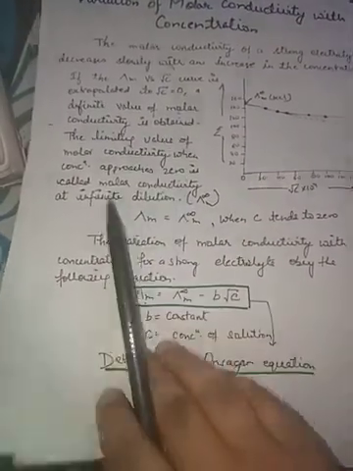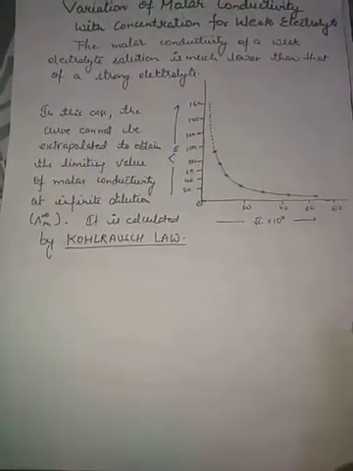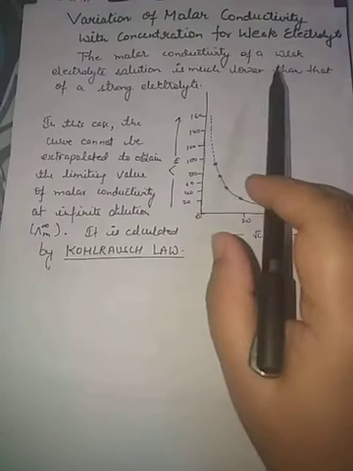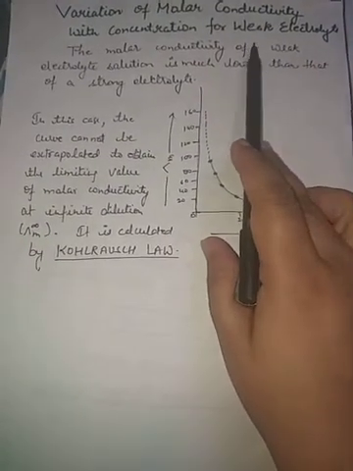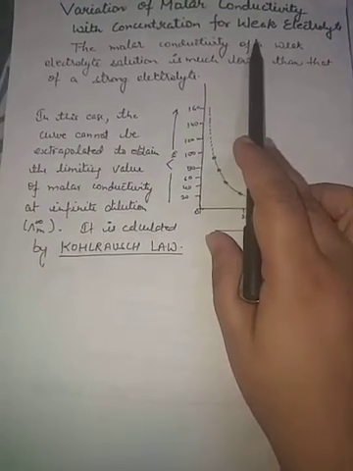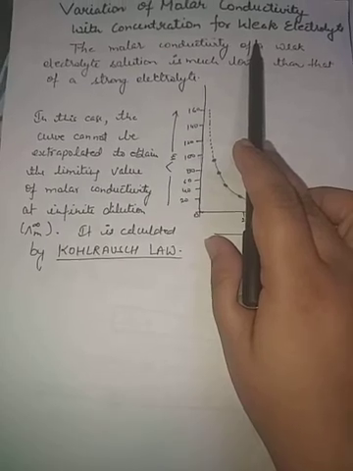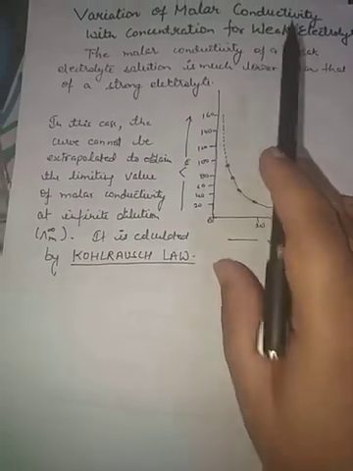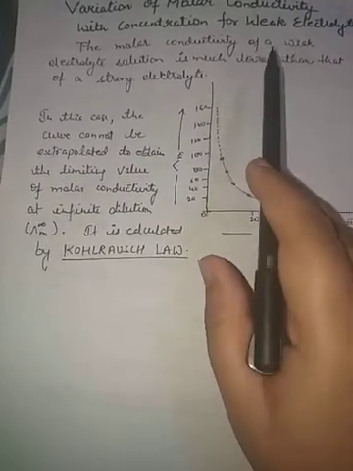Now we'll study molar conductivity for weak electrolytes. We know that weak electrolytes do not dissociate completely into their ions. It means ions are present and molecules are also present.